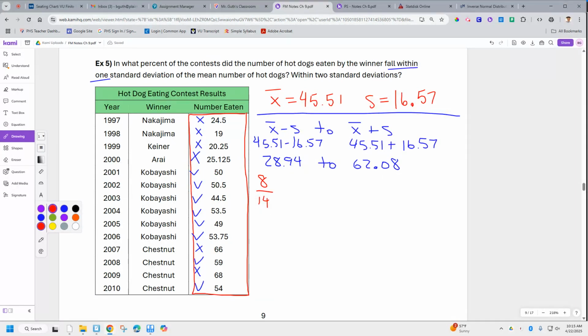That fraction was in between. That's about 0.57, so we can say 57%. 57% of those numbers fall in between 28.94 and 62.08, or in other words, within 1 standard deviation away from the mean.